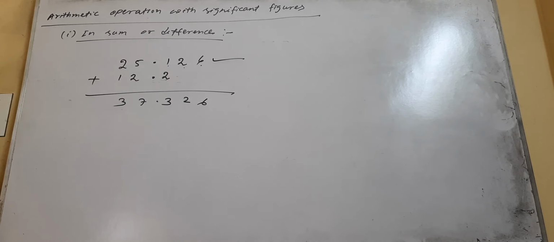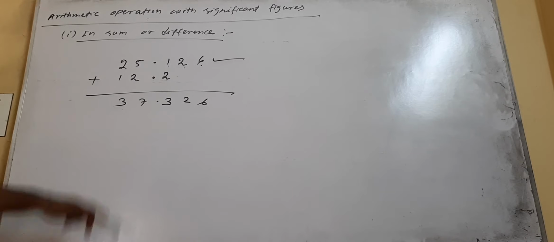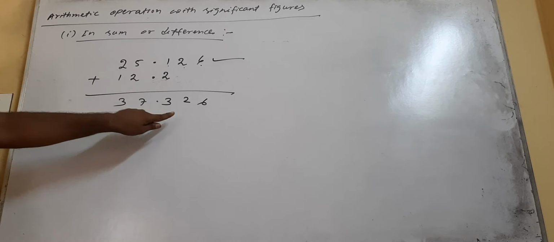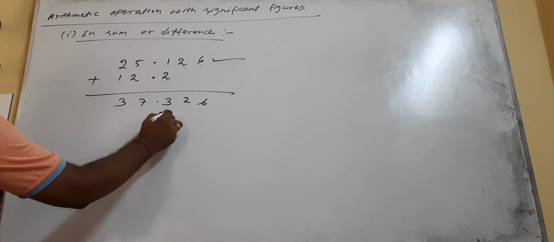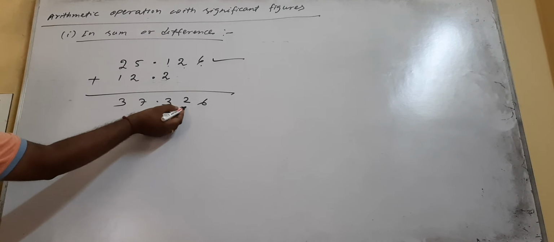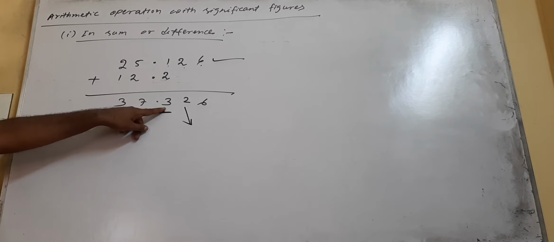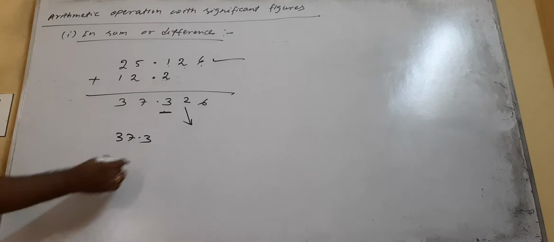Here 3, here 1. We have to take 1 decimal place because we have told that the result should have same number of decimal places as the given numbers with minimum number of decimal places. That means the result should have 1 decimal place. Means we have to round this number at here. The digit to be dropped is 2, that is less than 5. So the preceding digit remains unchanged. So the result will be 37.3.